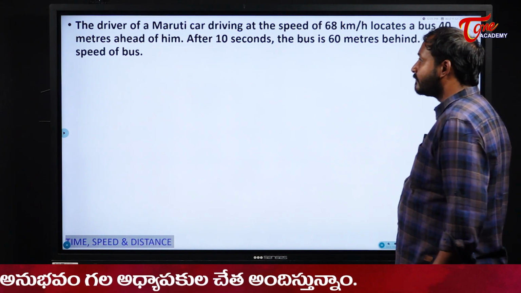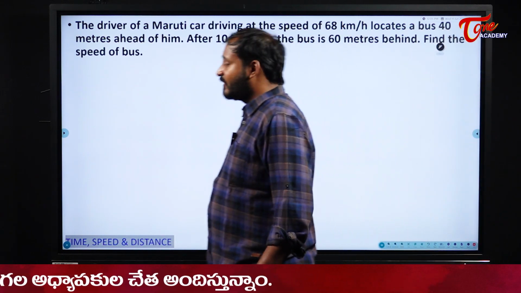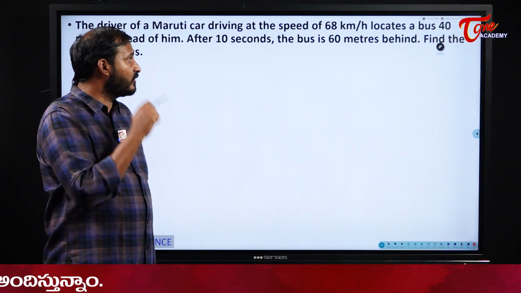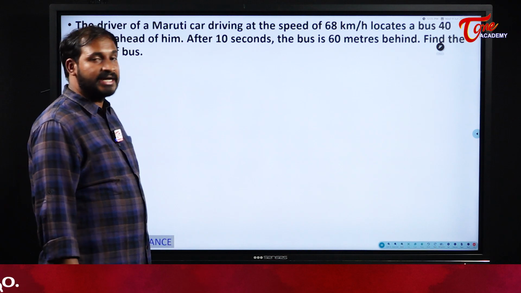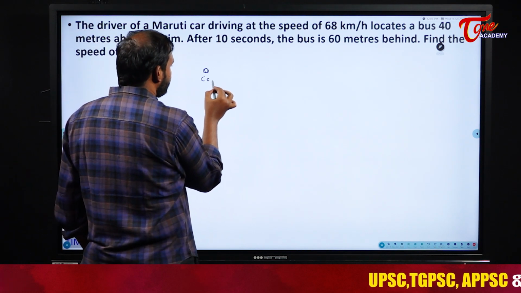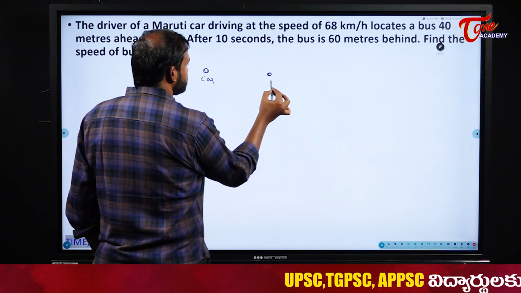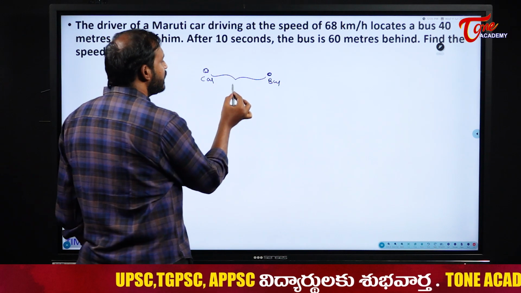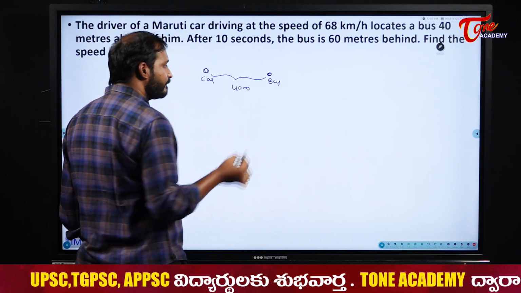Next one. A driver of a Maruti car driving at a speed of 68 kmph locates a bus 40 meters ahead of him. So initially there is a car and there is a bus. Initially the car driver observed that the bus is 40 meters ahead of him.